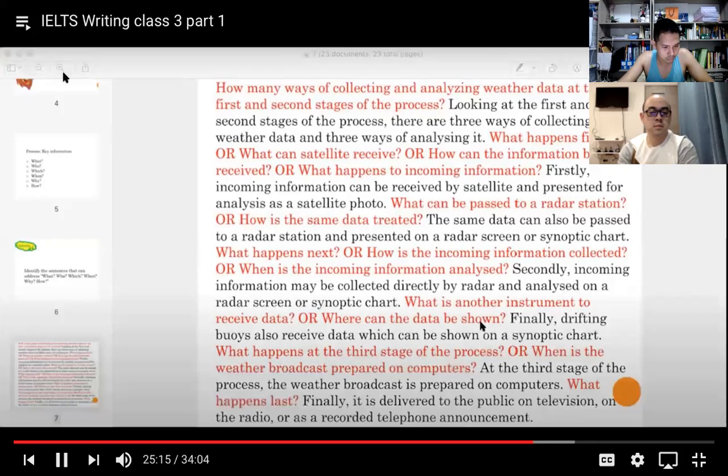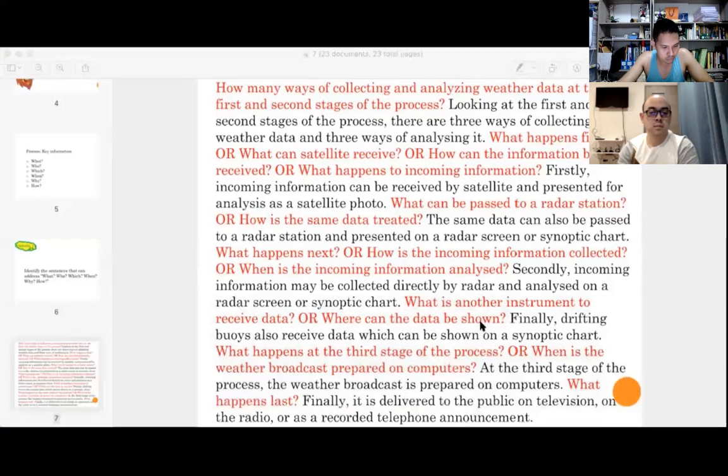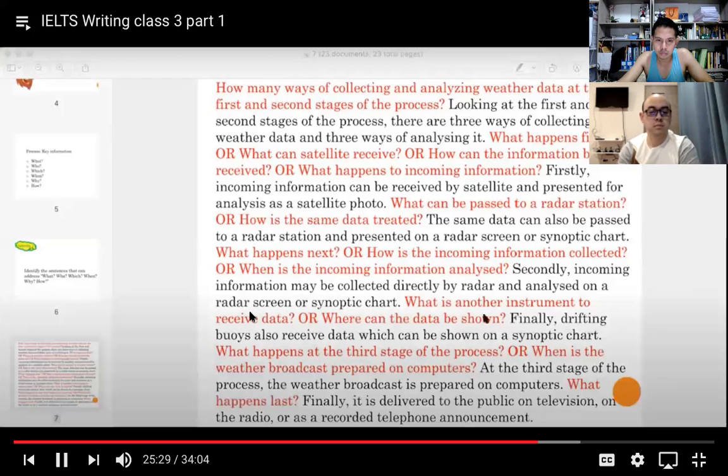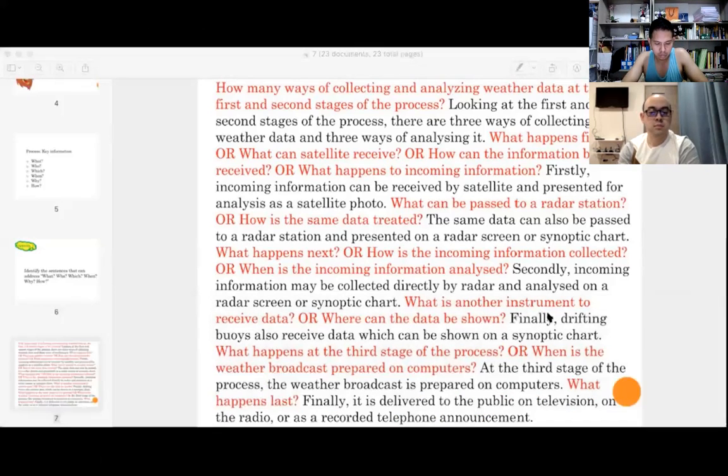What is another instrument to receive data? So, do you get the answer? Or where can the data be shown? So that is the final one, right? Finally, drifting buoys can also receive data, which can be shown on the synoptic chart.